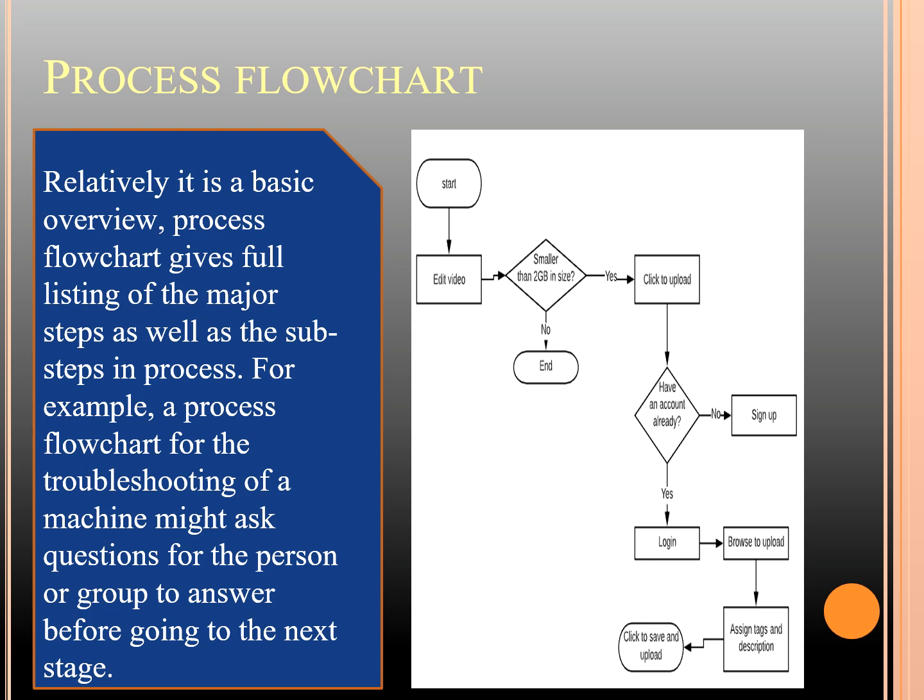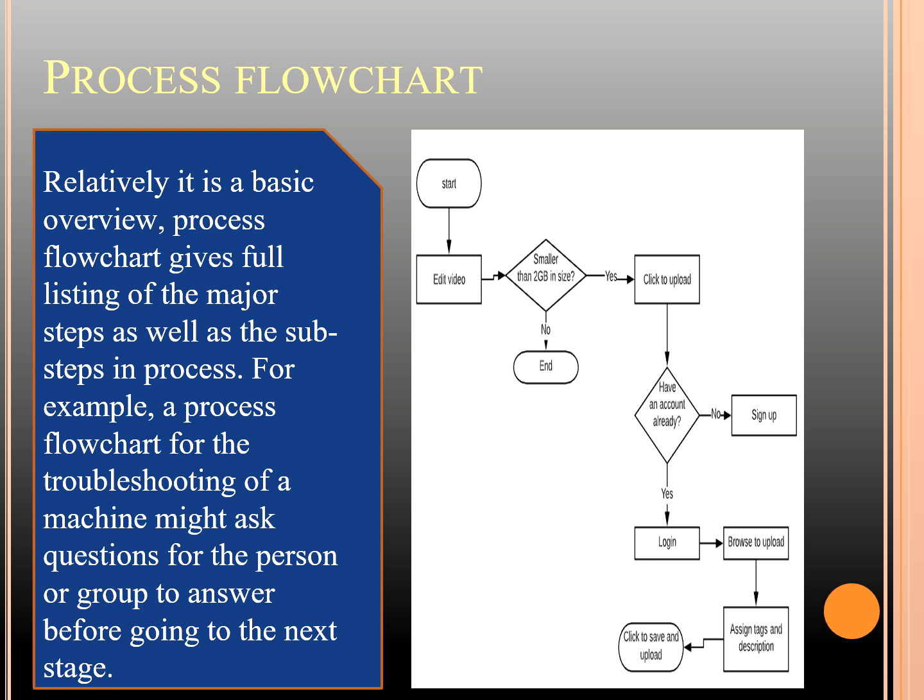Process flowchart is another example of flowchart form. This is relatively a basic overview of process flowchart, which gives a full listing of the major step as well as the sub-step in process.